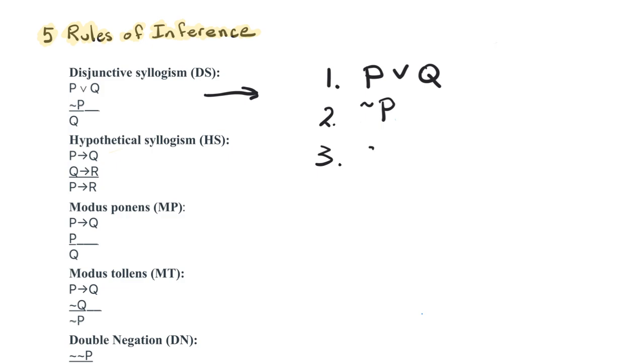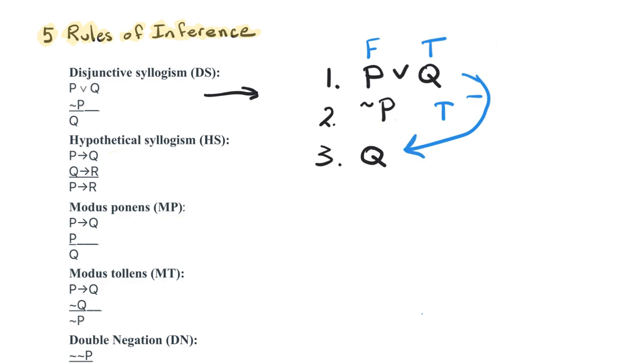Well, you know that Q must be true. Why do you know Q must be true? Well, if premise 2 is true, you know that P is false. And if premise 1 is true, that means Q must be true. That's why you're able to derive Q from premise 1 and premise 2.